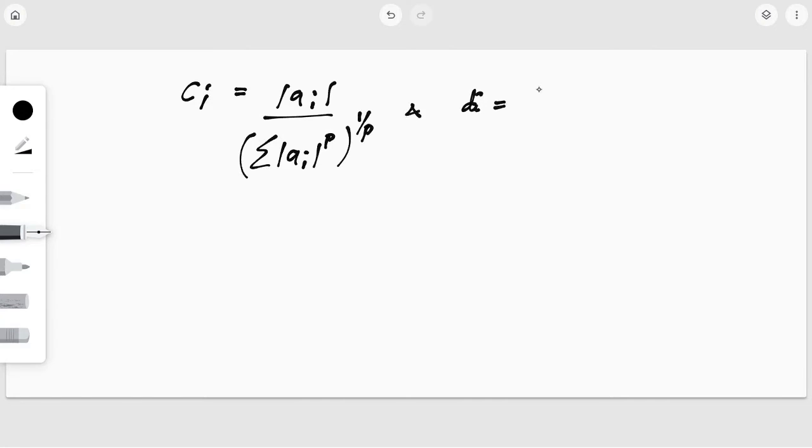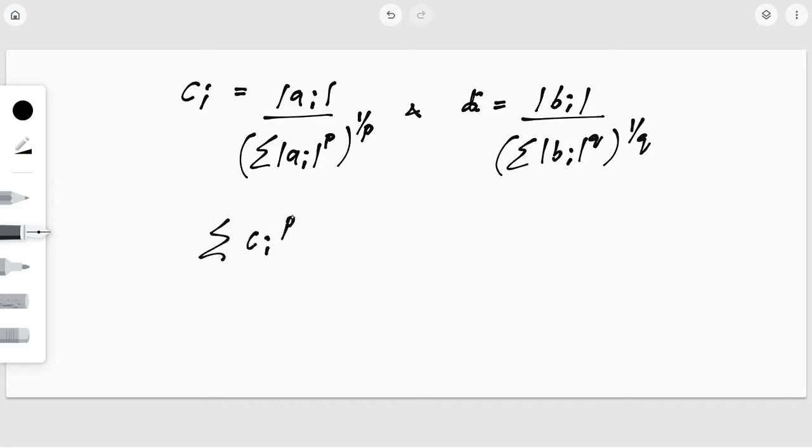First we will suppose ci is equal to mod ai by (summation mod ai whole raised to p) whole raised to 1 by p, and di is equal to mod bi by (summation mod bi whole raised to q) whole raised to 1 by q. Then what will be summation ci raised to p?